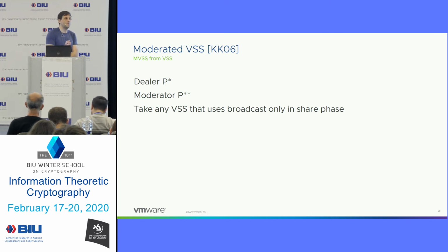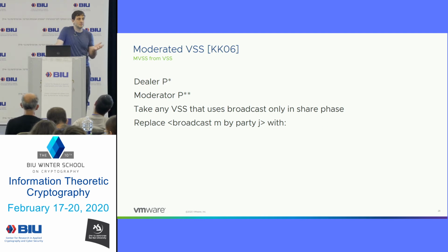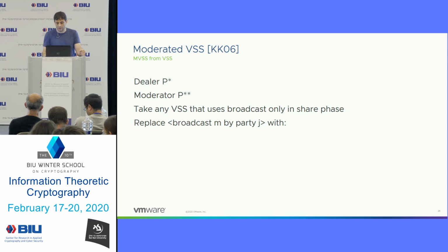And so what we're going to do is a generic reduction that takes a VSS that uses broadcast and replaces each one of these broadcasts by this following simple protocol. So suppose that in your VSS there is some stage where somebody sends a broadcast. If you remember 2 days ago, there were complaint messages or messages where you send your shares. You think that these two shares are not the same, so you broadcast them. So there are many cases where parties broadcast.